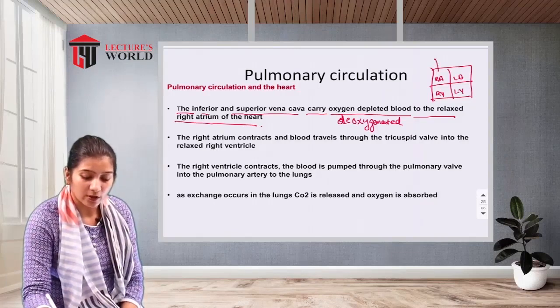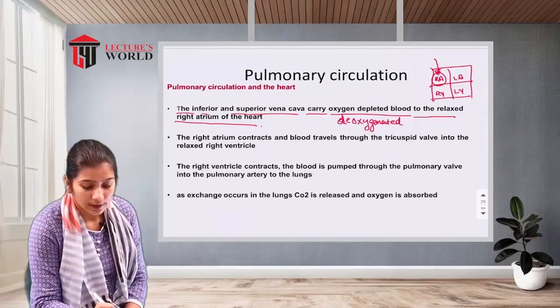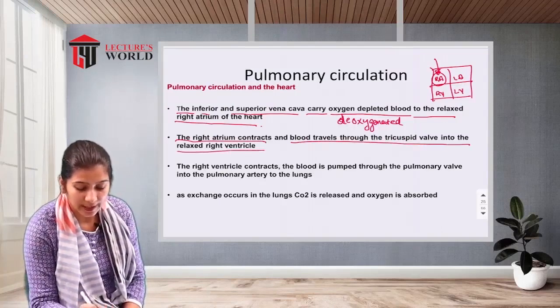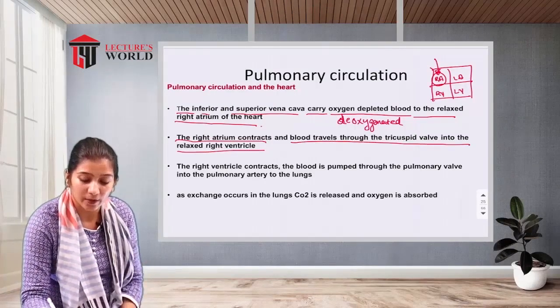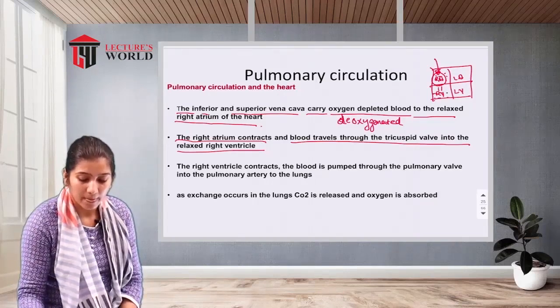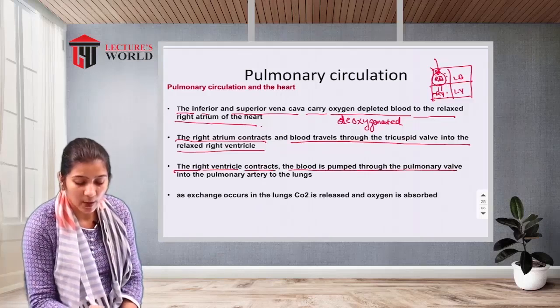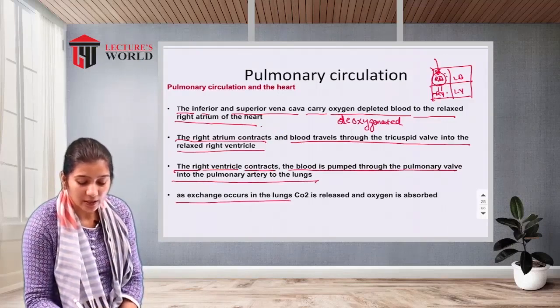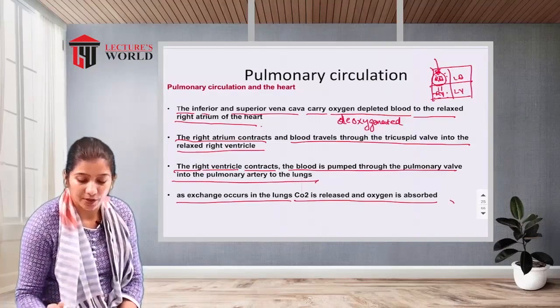Whatever deoxygenated blood comes into the right atrium, the right atrium contracts and blood travels through the tricuspid valve into the relaxed right ventricle. When the right ventricle contracts, the blood is pumped through the pulmonary valve into the pulmonary artery to the lungs. As exchange occurs in the lungs, CO2 is released and oxygen is absorbed. So this is the pulmonary circulation.